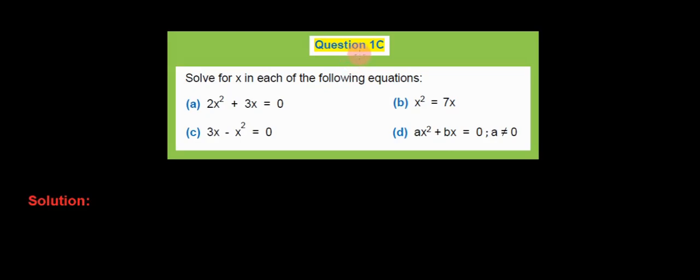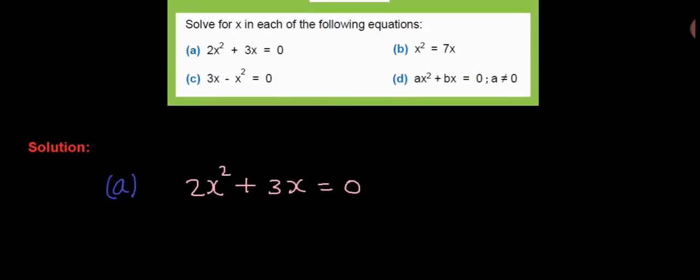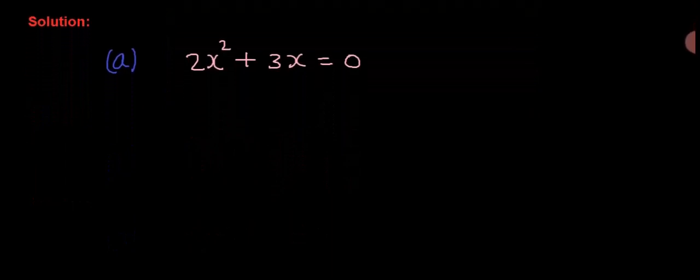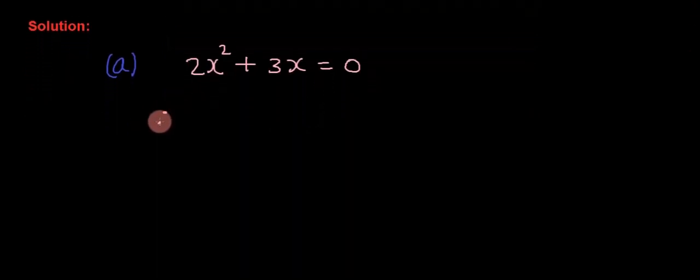So let's look at your answers to this question. In A, we have 2x squared plus 3x equals 0. And we need to solve for x. We can take out a common factor of x. So x into 2x squared, 2x times, and x into 3x, thrice.